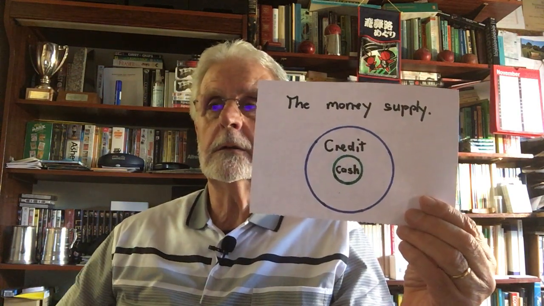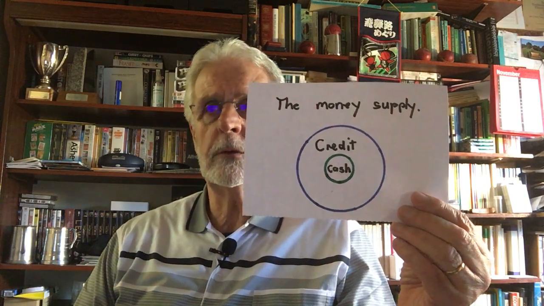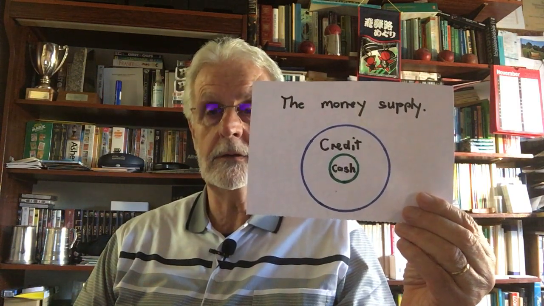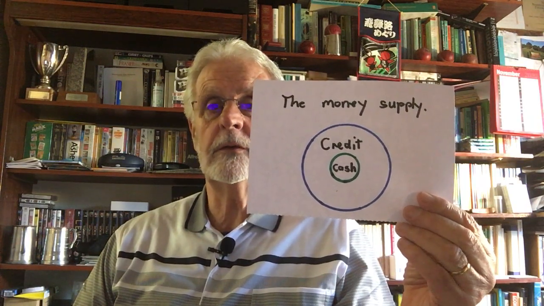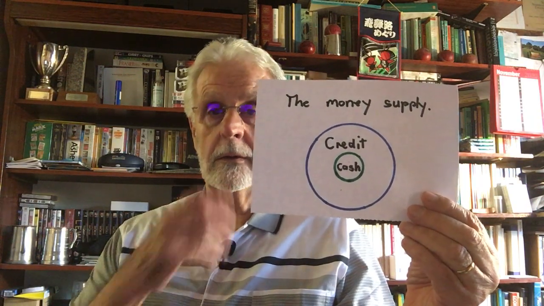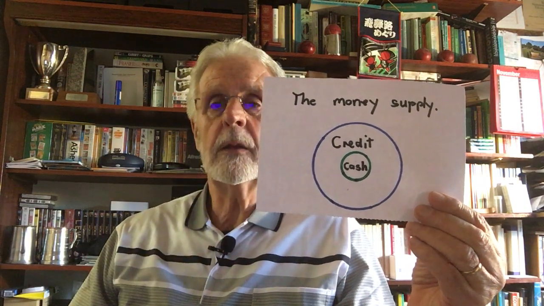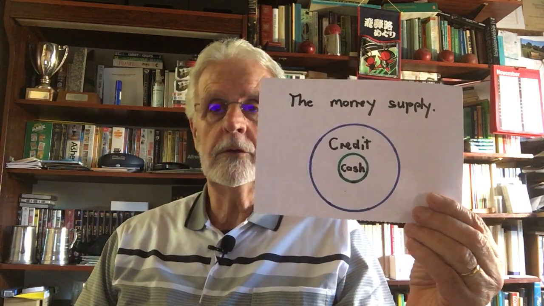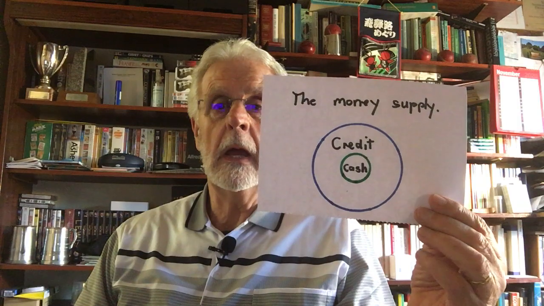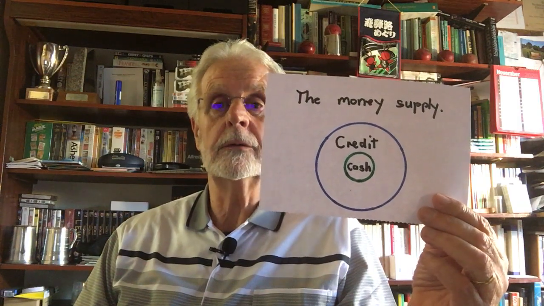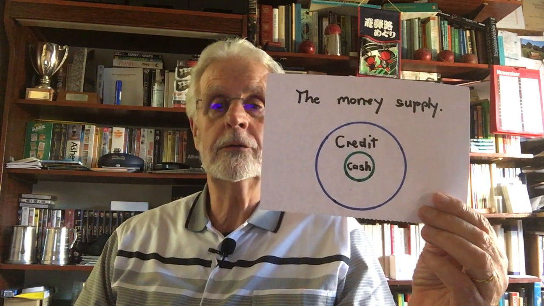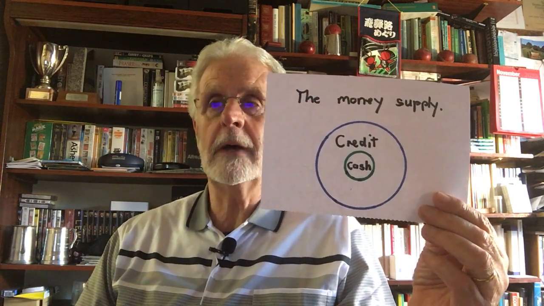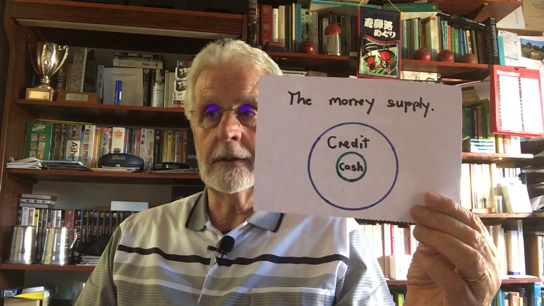There are often measures which are called narrow aggregates, which are often the bit in the middle, just measurements of cash, currency, notes and coins. And then there are the other broader measures, which include current accounts at banks and other claims on cash, which are in addition to the amount of cash that's in the economy.